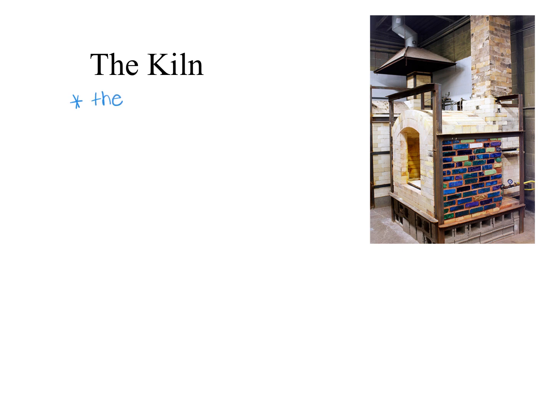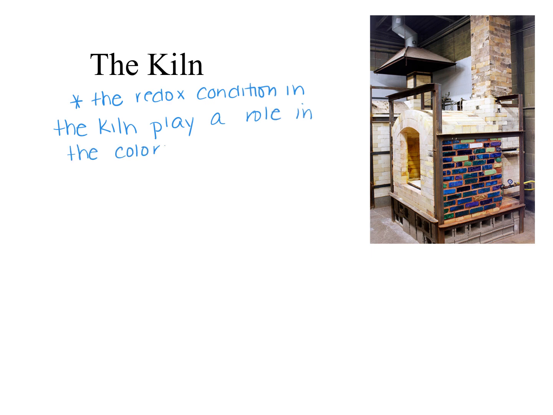I want to put some words to that: the redox conditions in the kiln play a role in the coloring of the ceramic, because the charge on the metal in the glaze can change.